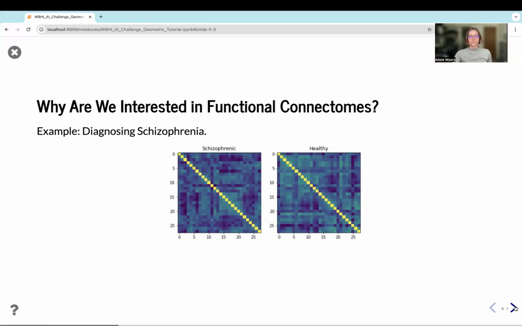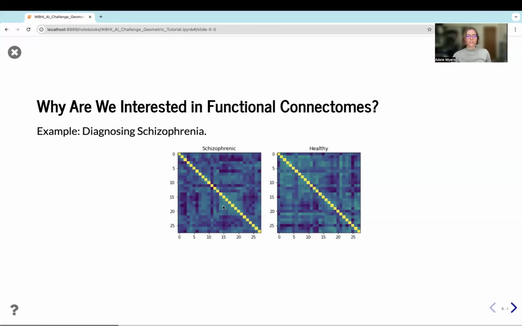And when we look at what's in the middle, it shows which brain areas are connected to which other brain areas. So if we look at, for example, the 15th brain area's connection to the 0th brain area, we see kind of a dark square, which means that these two areas are not very connected. But if we look at the 15th brain area's connection to the 17th brain area, we see a lighter square, which means that those two brain areas are more functionally connected.